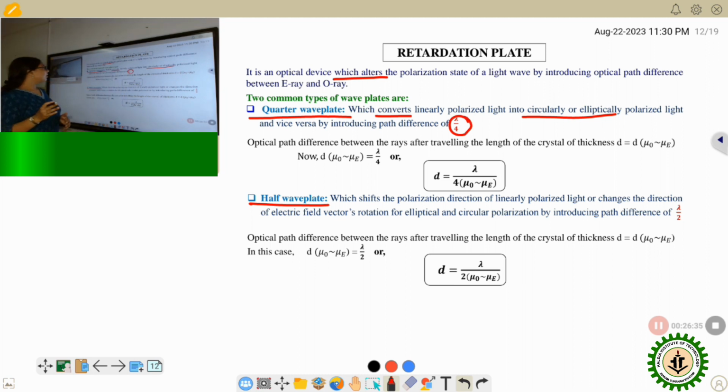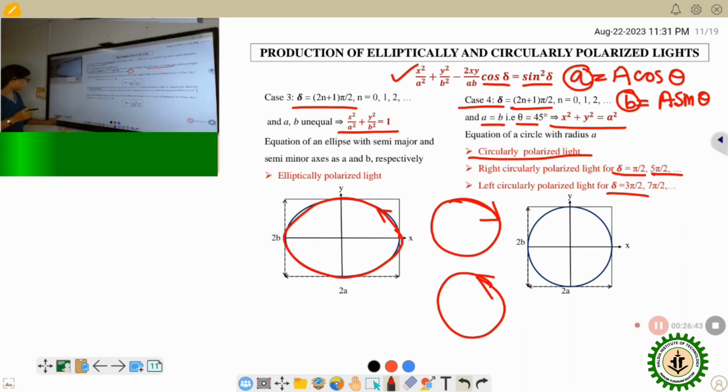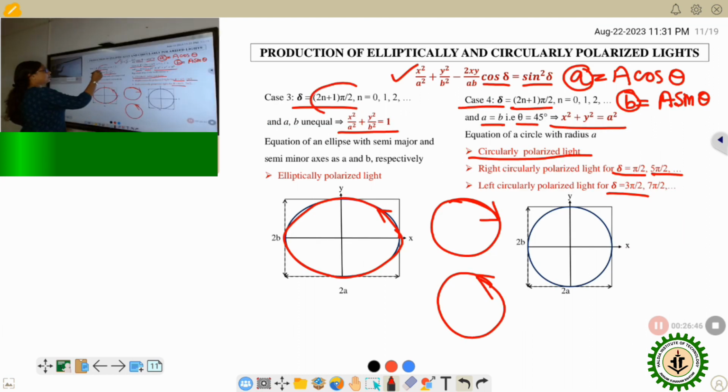If you remember, we can get elliptically or circularly polarized light from plane polarized light. Let me show you. If delta is 2n plus 1 pi by 2, that is odd multiple of pi by 2.